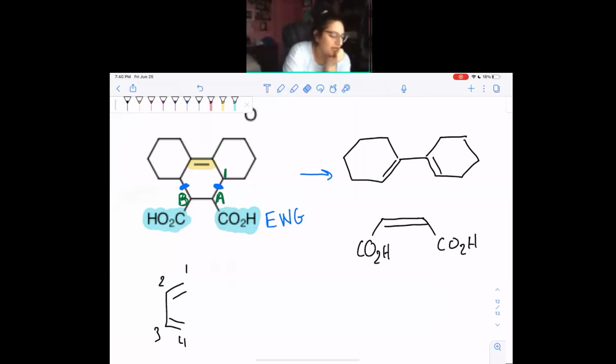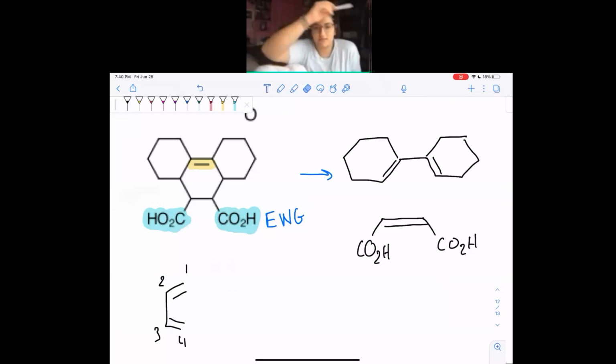So, this time I'll do it in the backwards arrow method. I know that this double bond had to be part of the diene, right? And I know that that is the last bond to be formed when we do the circle.